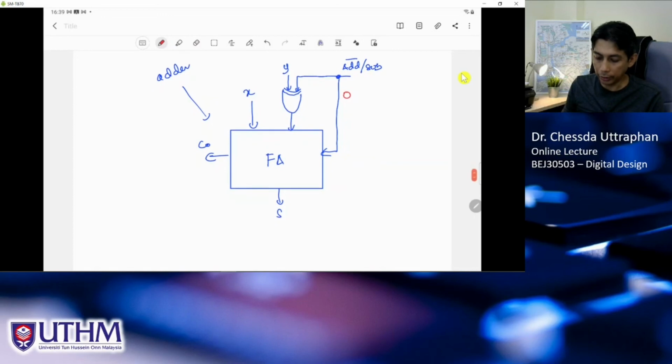So if this one is 0, and this is an XOR gate, let's name this XOR gate. The output here is F, and the input here is add sub, quite long here, change to A.